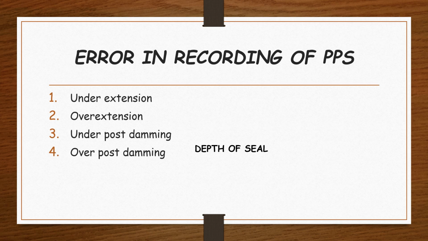The denture can have under-extension of the PPS, over-extension of the PPS, or under-postdamming and over-postdamming. If your PPS is under-extended, definitely your denture will lose retention and stability. If it is overextended, it will cause pain to the patient during swallowing, so usually he will complain of pain or be unable to swallow properly.